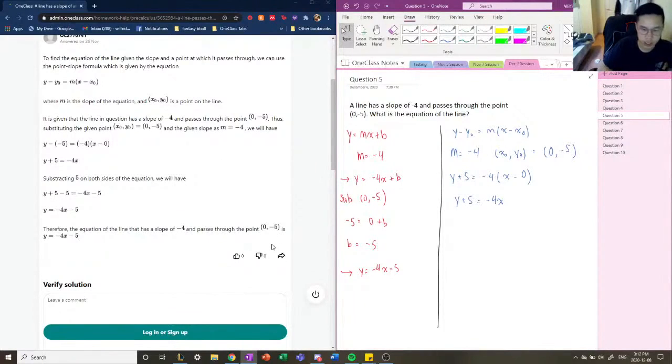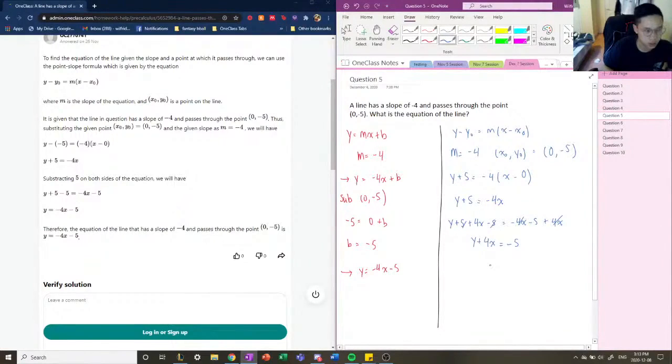We're going to isolate for our variables here, so we're going to move this to the other side. We do y plus 5 plus 4x minus 5, and minus 4x minus 5 plus 4x. Cancel, cancel, and we get y plus 4x equals -5.